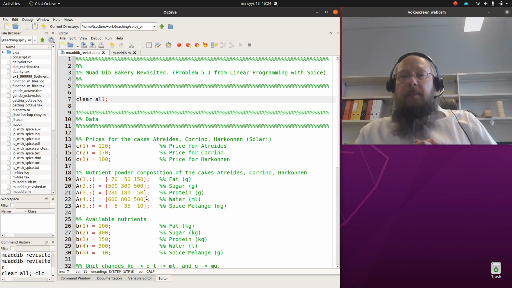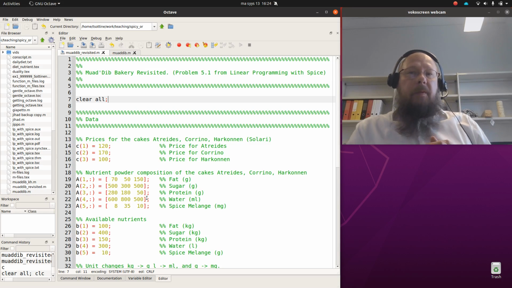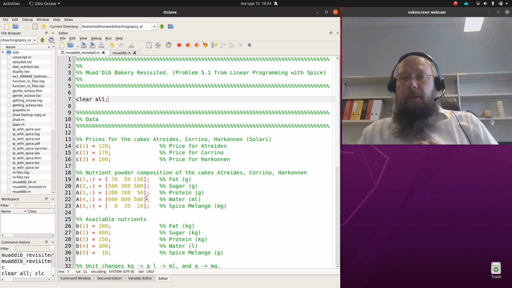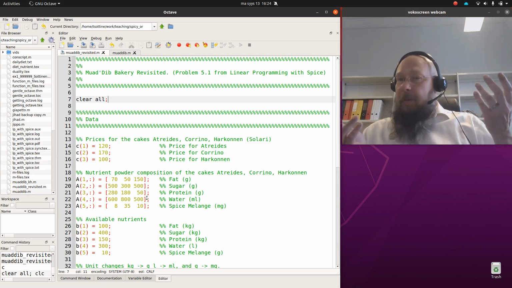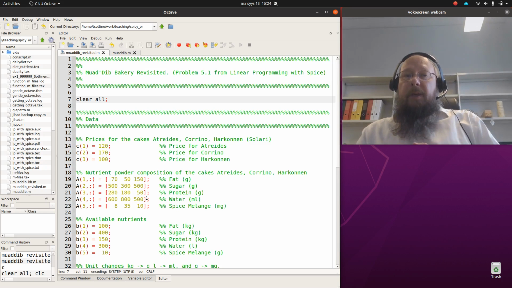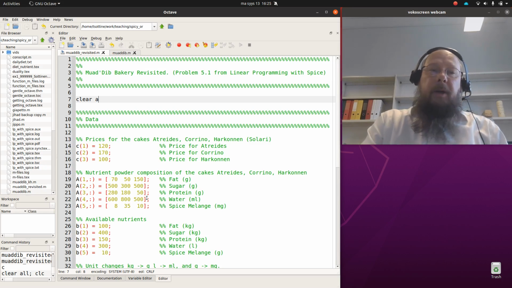This is maybe a matter of taste whether you want to do this or not. The good point about this is that you will always clear all the variables that are probably clutter in your workspace, and so to say you start from a clean table. I can see the point in that, and I know many people who start their script with clearing all the data in the workspace. On the other hand, I don't like that.